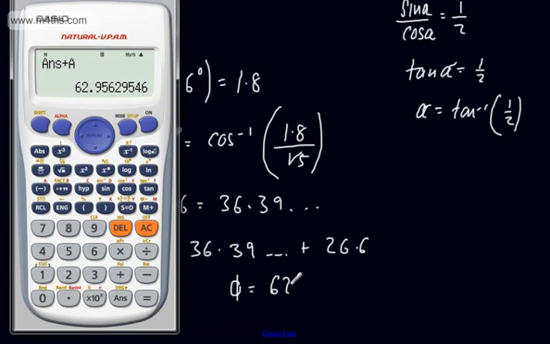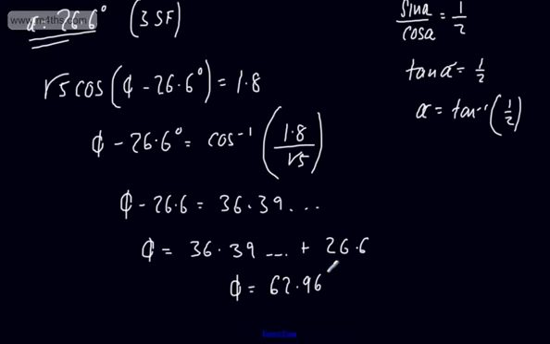I'm going to give that to 2 decimal places or 4 significant figures. If you want, you can just give it to 3 significant figures, 63.0. In a question, you'll be asked to give it to a certain level of accuracy. So that is to 2 dp or 4 SF, or we could say 63.0 degrees, and that would be 3 SF.